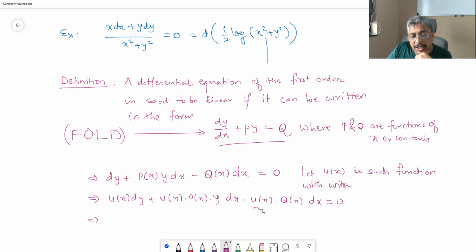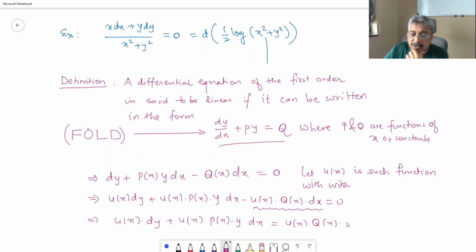If we take this to the RHS, then we are left with u of x into dy plus u of x into p of x into y dx is equal to u of x into q of x into dx.